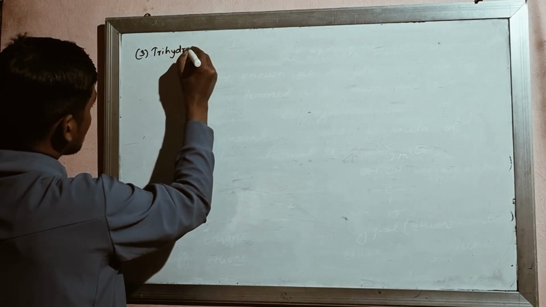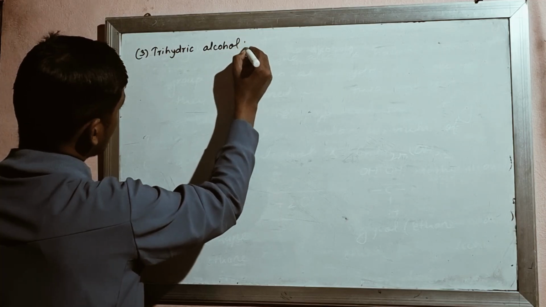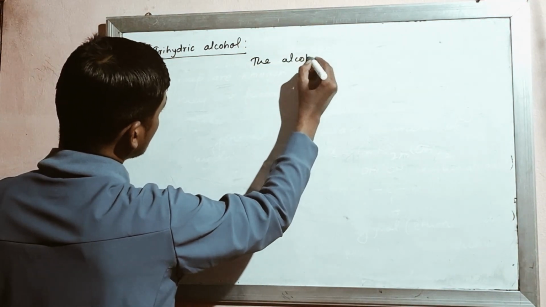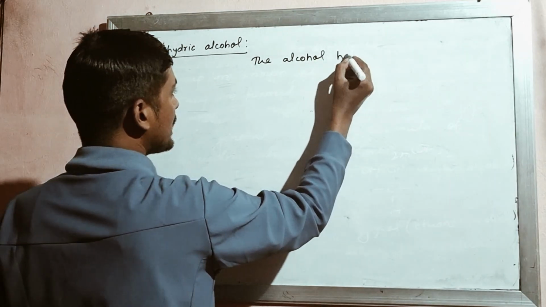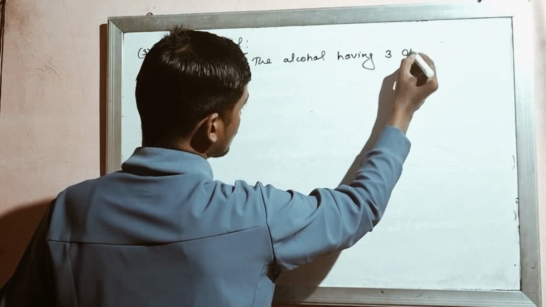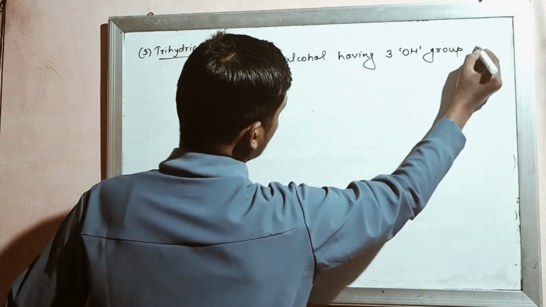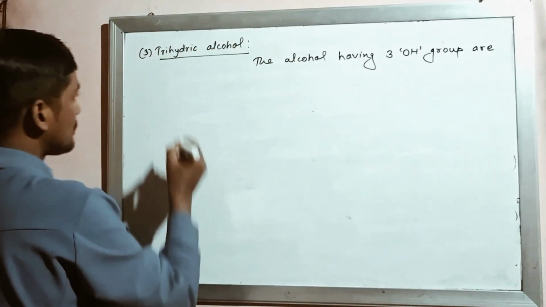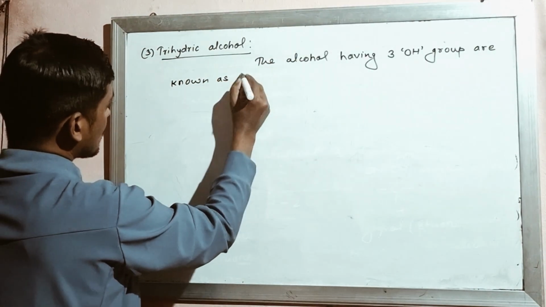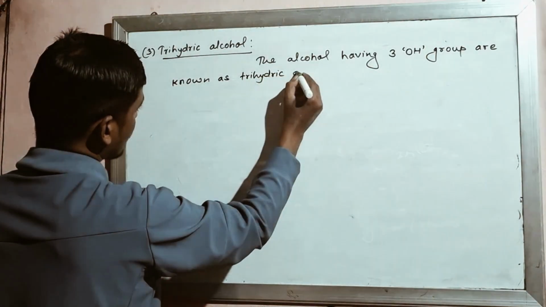The alcohols having three OH groups are known as trihydric alcohols.